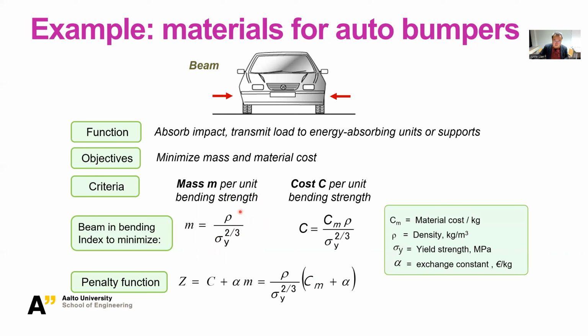I think you are familiar with this material index. So the complication here is we cannot use mass and cost directly. Actually, we have to use mass per unit bending strength and the cost per unit bending strength. Now, this is the difference between this one and the other examples. Because here we have to think about the bending strength, we cannot just use mass and cost directly.